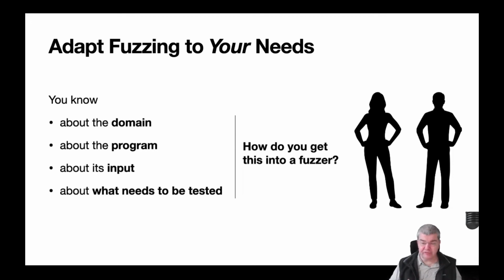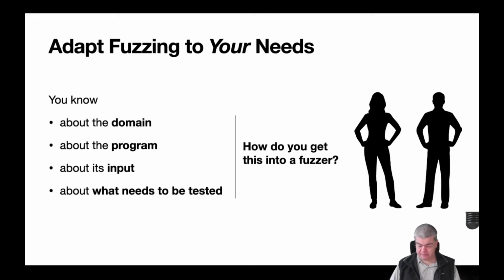And by specifying the language and by actually controlling the language, this allows you to put in all of your knowledge about the program domain, about the program, about its input, and what needs to be tested. So this is the advantage of so-called language-based fuzzers, that they allow you to do all these things, putting in all your knowledge. The disadvantage is you also have to do a bit of this.